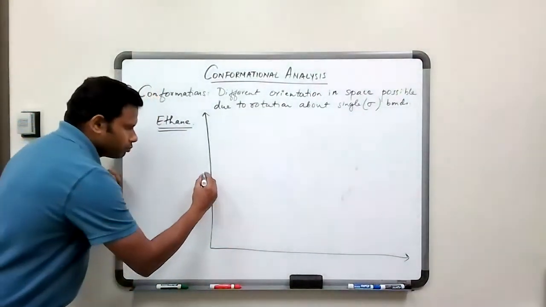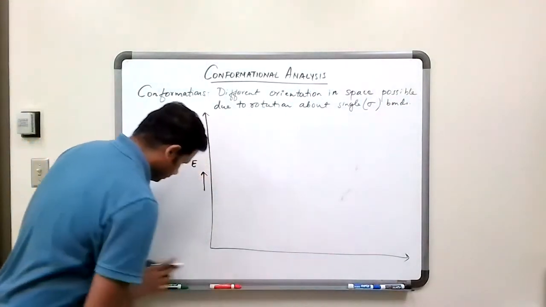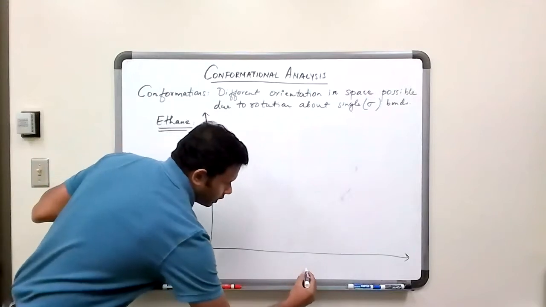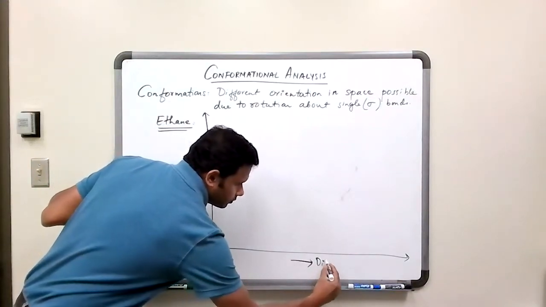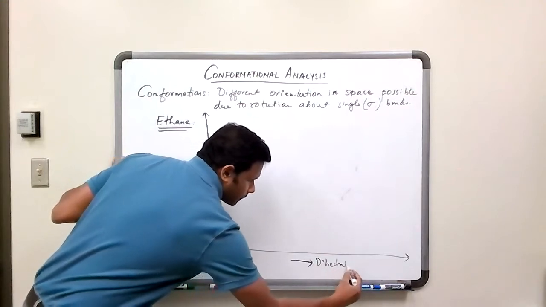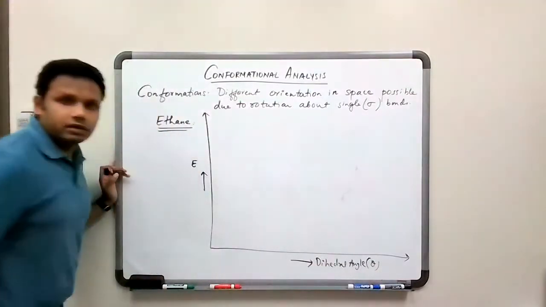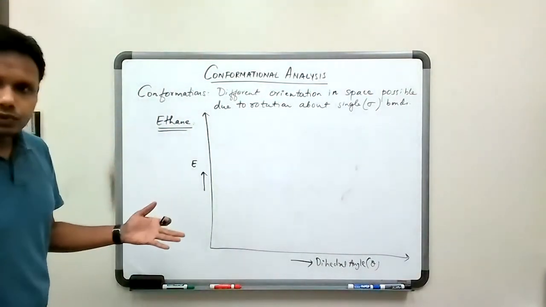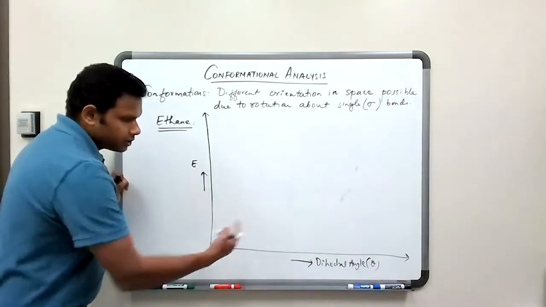We're going to plot energy on the y-axis versus dihedral angle, which is represented by theta. Theta is what we use to represent a dihedral angle.